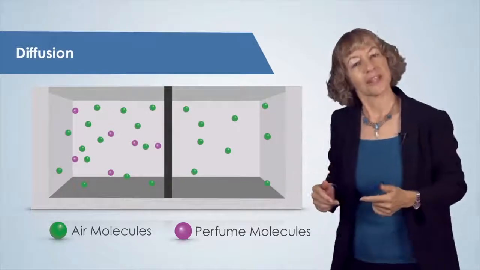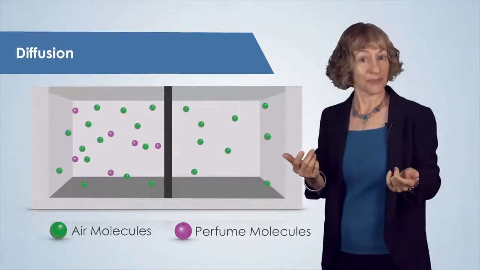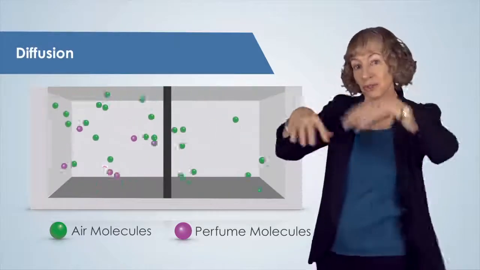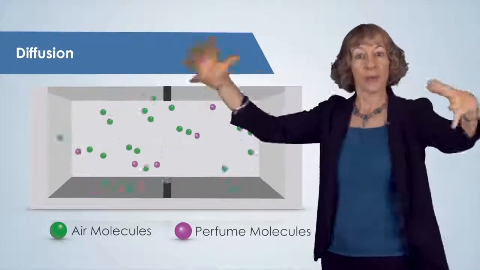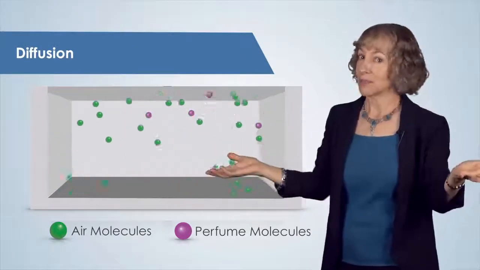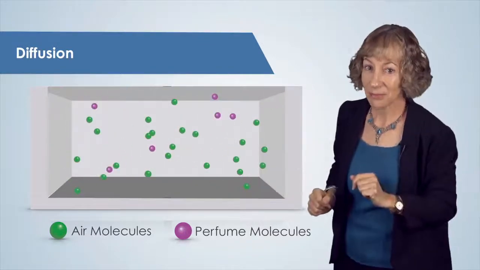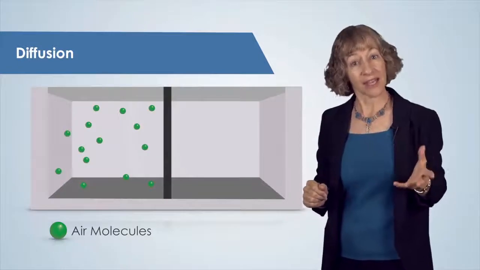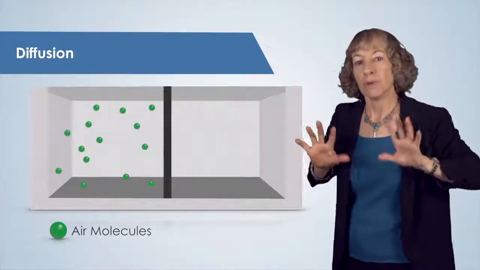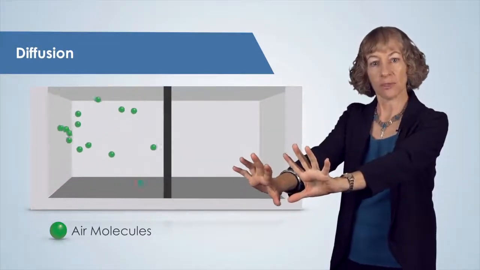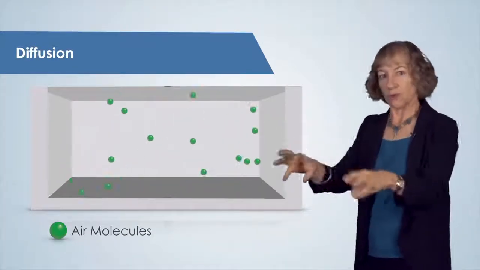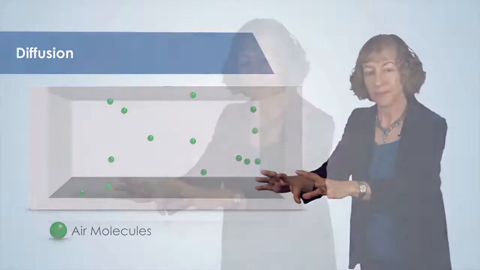The same process is at work when I wear perfume. I spray the perfume on, and the molecules of perfume diffuse throughout the room, and everyone can smell my perfume, especially if I wear too much. The same process is at work in vacuum systems. The pump pushes air out of the vacuum chamber, and the remaining air in the chamber will diffuse toward that low pressure region.